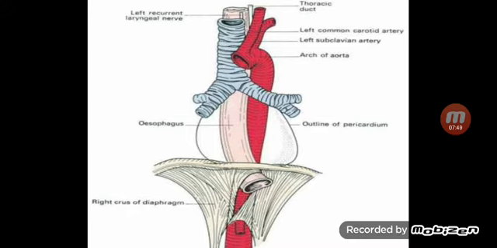The esophagus is a midline structure, but it tends to incline a little to the left side as it descends. It is continuous superiorly with the laryngopharynx at the level of C6. So it bears the diaphragm at the beginning.